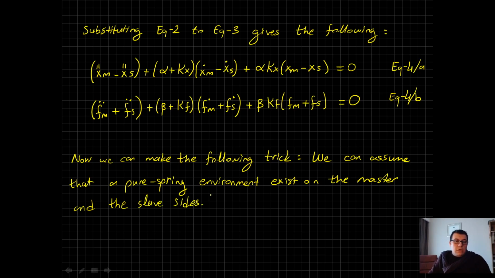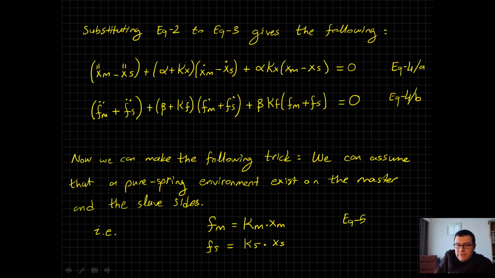Okay, so with this definition, one can write this. The master side force, the force encountered on the master side, can be represented by a certain stiffness coefficient K master times X master, and the slave side force F slave can be represented by K slave times X slave. Okay, so I think I can call these equation 5a, equation 5/b, right?